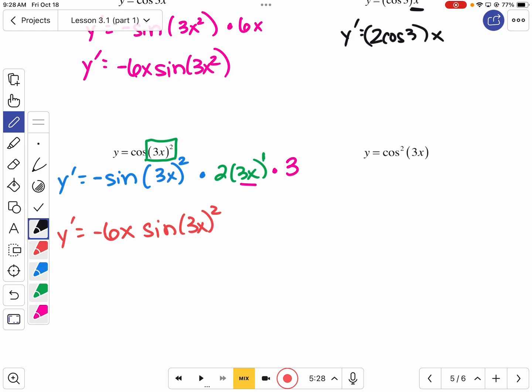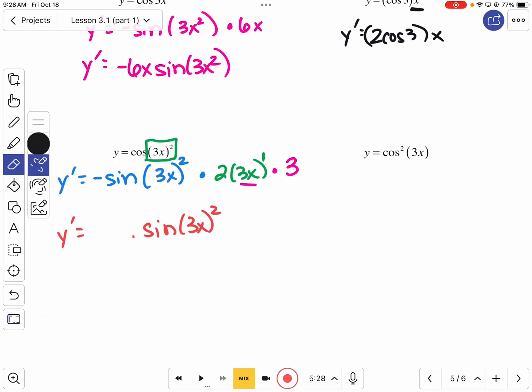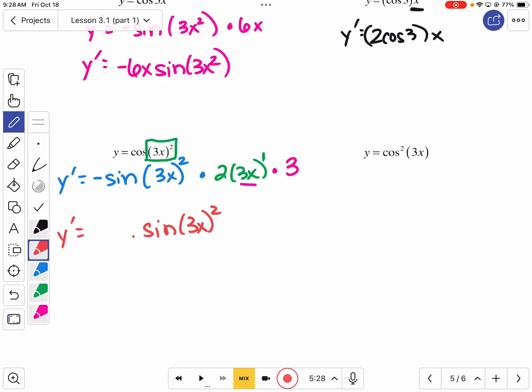Composition or no? Oh, it's negative 18, isn't it? Yep, sorry, I can't multiply, because you got 2 times 3 times 3. Yep, thank you.